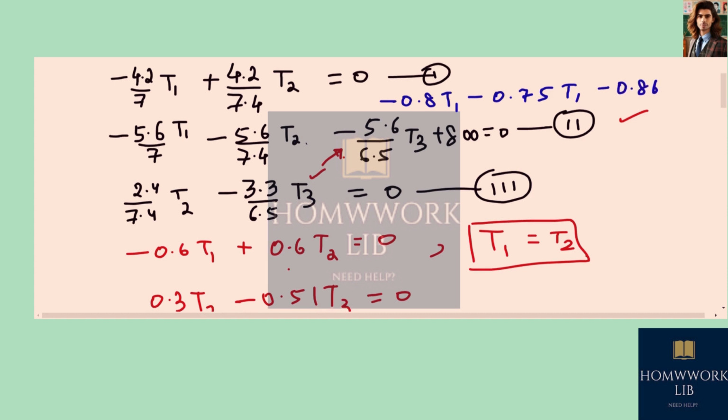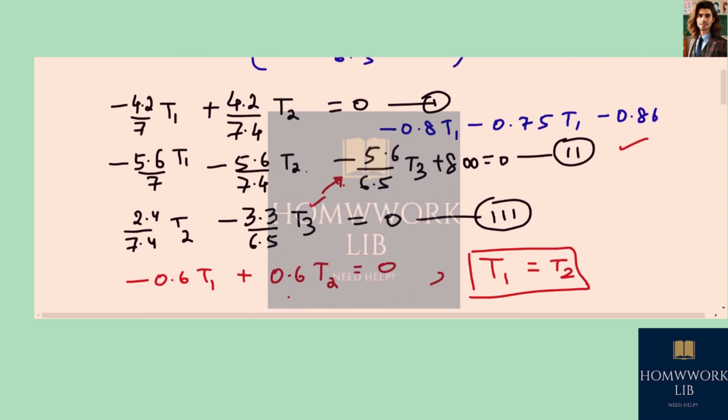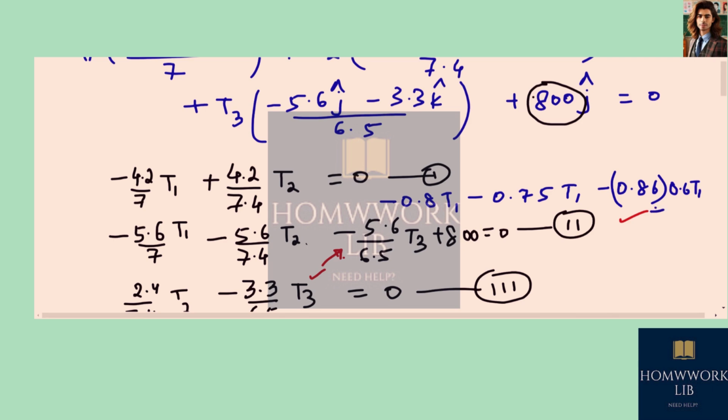Instead of T3 we are going to write T1 or T2. So here T1 is equal to 1.7 T3, so T3 would be relatively equal to 0.58. So we'll take the approximate thing here, 0.6 T1. So T3 is 0.6 T1, so we'll write it here as 0.6 T1, and we add to it 800 and equate it to 0.